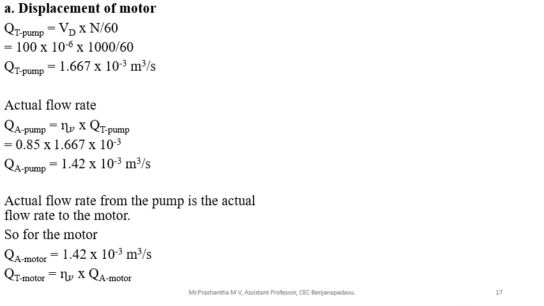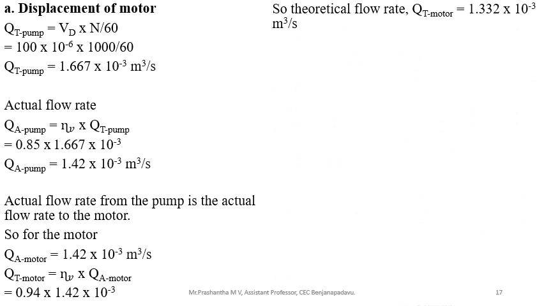Here, theoretical flow rate of the motor equals volumetric efficiency into actual flow rate of the motor. Substitute the values. Volumetric efficiency is 94% and the actual flow rate of the motor is 1.42 into 10 to the power of minus 3. Simplify this, we will get the theoretical flow rate for the motor as 1.332 into 10 to the power of minus 3 meter cube per second.